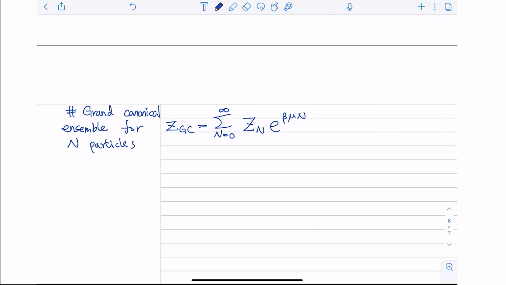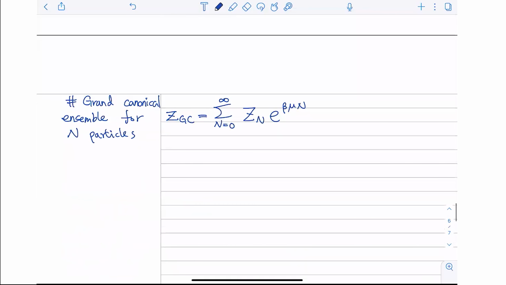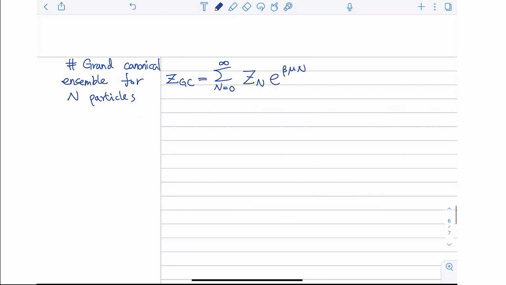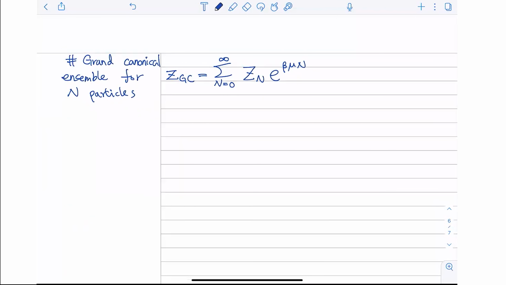So basically, that's the expression for the grand canonical ensemble. If I try to write it explicitly, it will look like this.